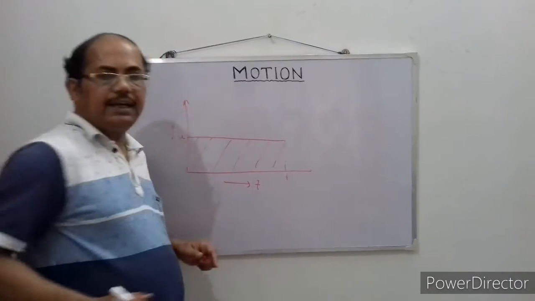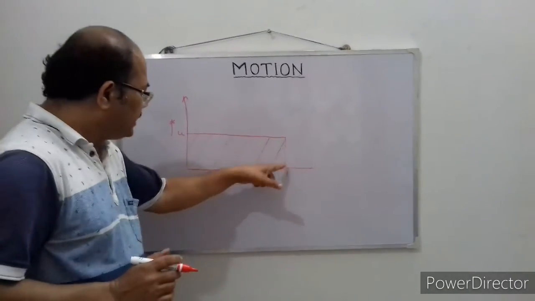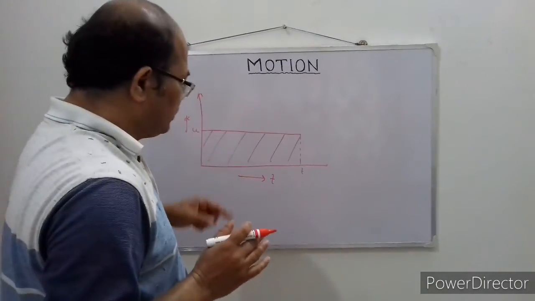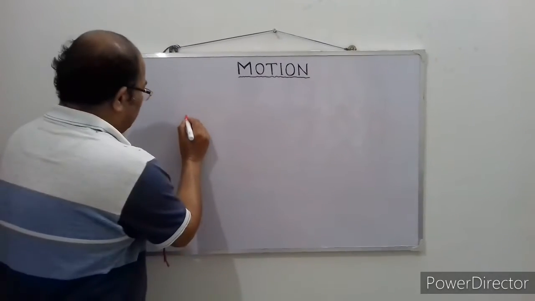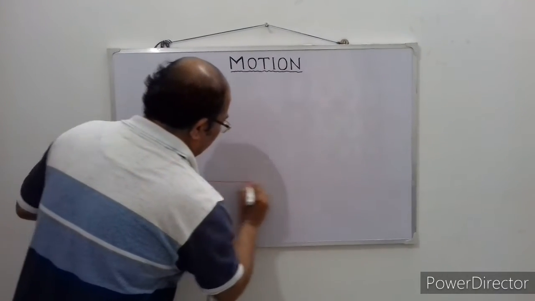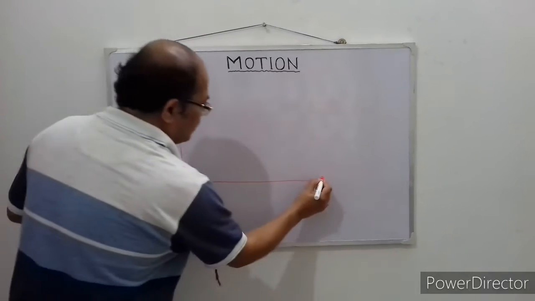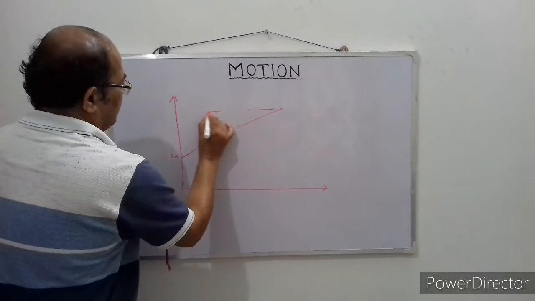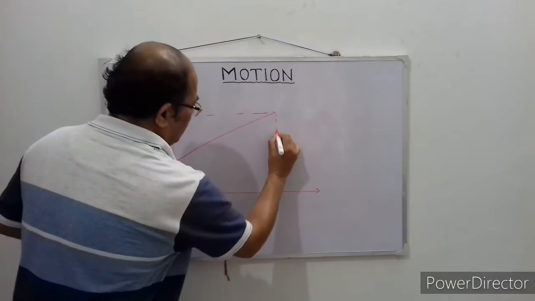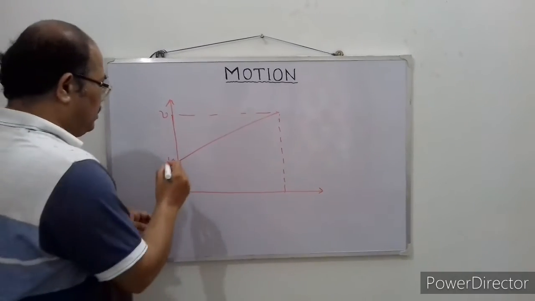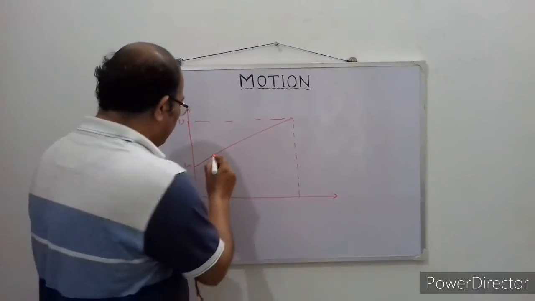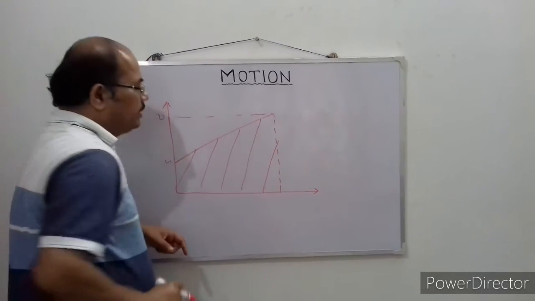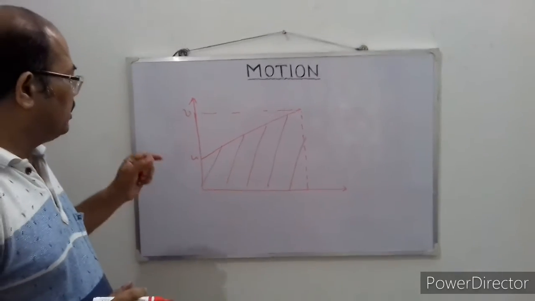But as it is a rectangle, if we find the area of this rectangle, we can get the displacement of the object. Similarly, for the previous case, if we find the area of this region under the curve, then we will get the displacement of the object.